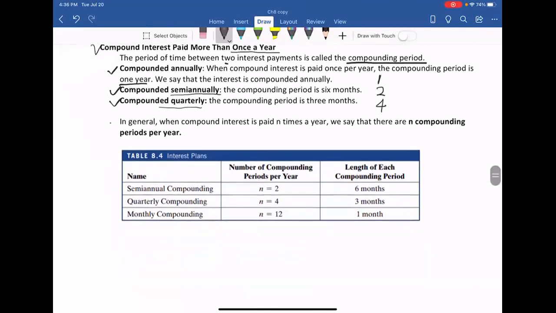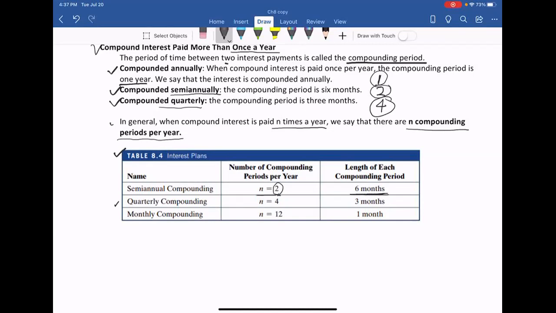Okay, let's move on. In general, when compound interest is paid n times a year, we say that there are n compounding periods per year. Let's see the table. Semi-annual compounding, that means they will pay you 2 times a year, so n equals 2. Length of each compounding period: for semi-annual compounding, they will pay you every 6 months.